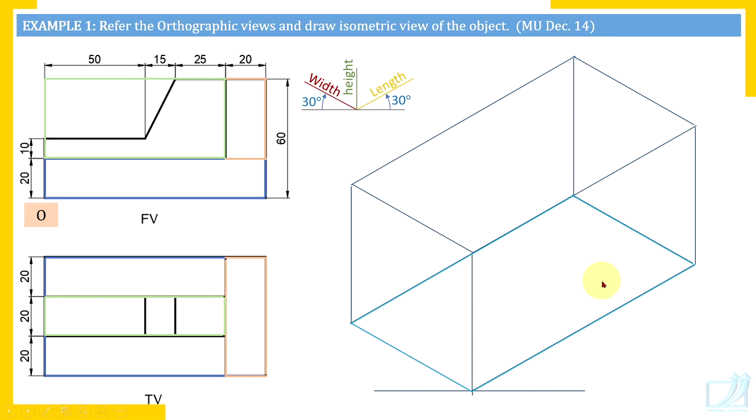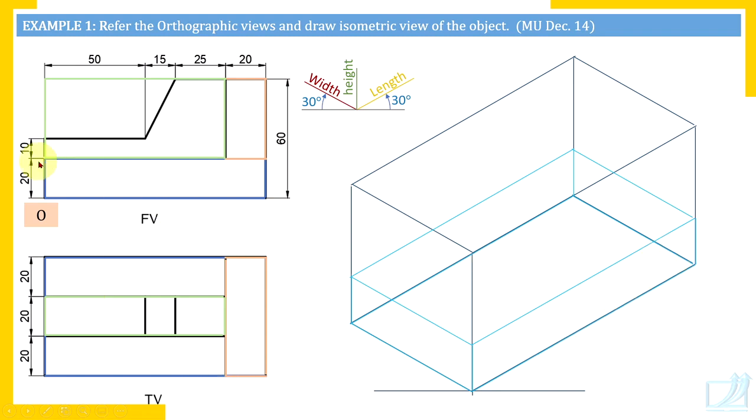Now from four base corners, draw vertical lines of length 20 millimeters, because the height of this plate is 20 millimeters, and join the top points at distance 20 millimeters by faint lines to complete the box. So this is that base plate.